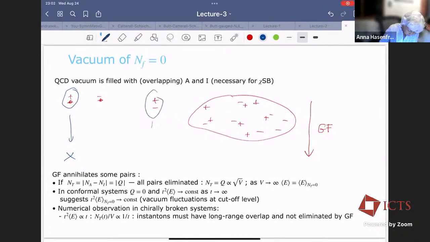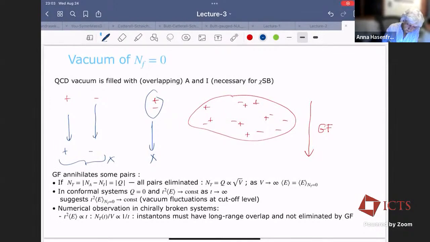If we have well-separated instantons, these don't do anything. Gradient flow will most likely preserve that. But again, that's not what we expect in the QCD vacuum, because we need the overlap.